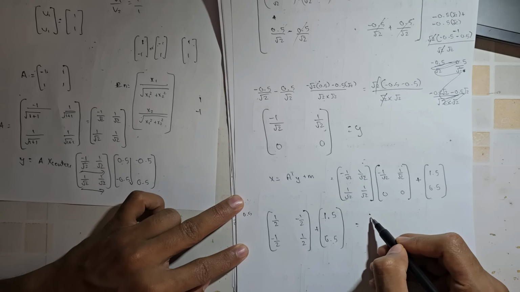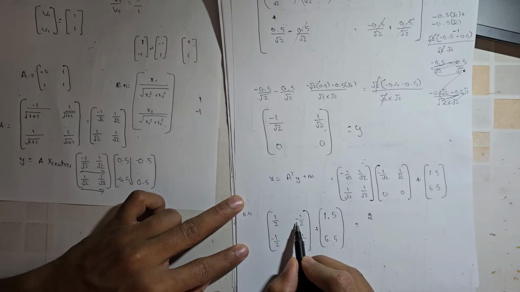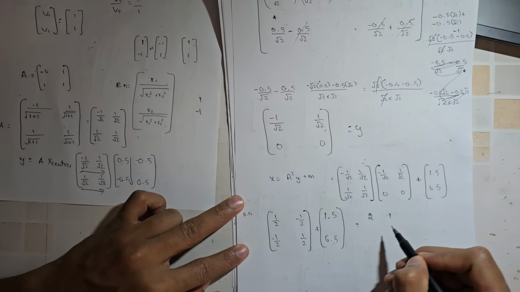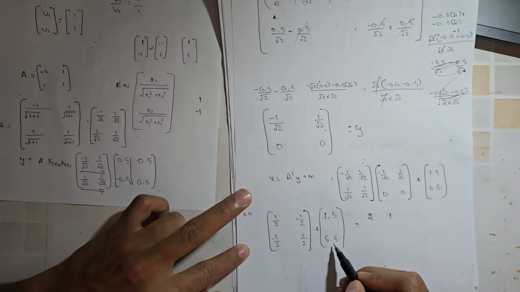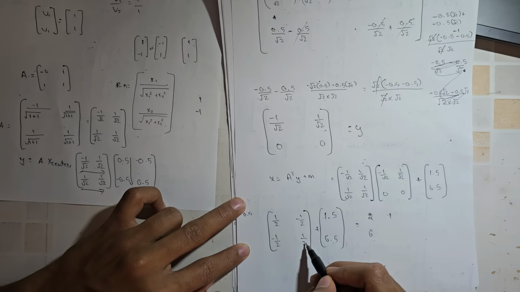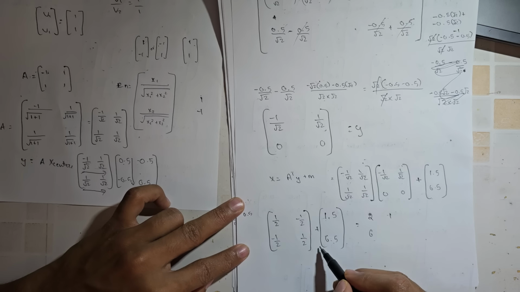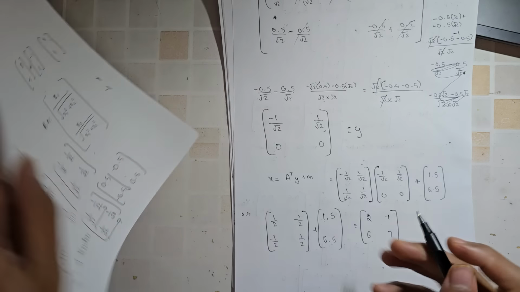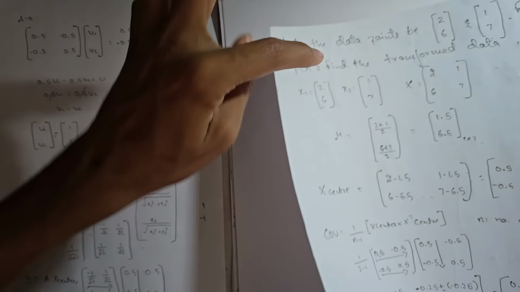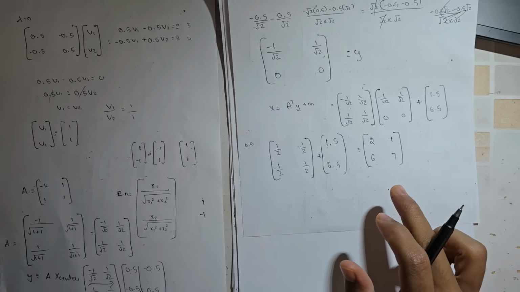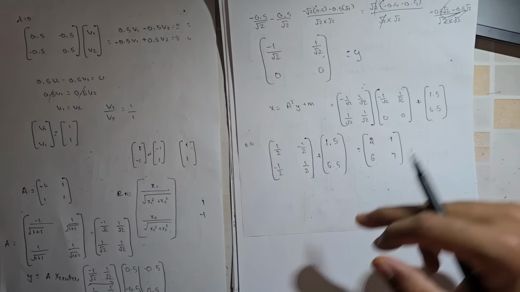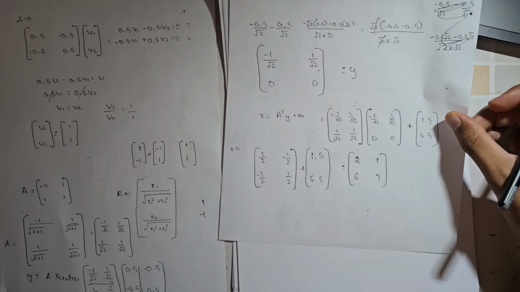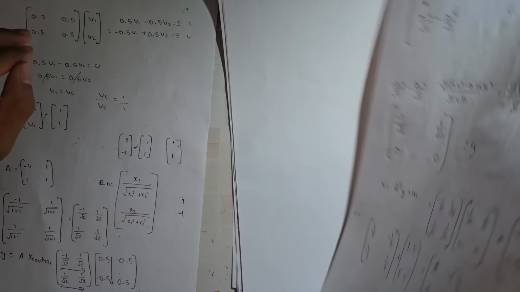So 0.5 plus 1.5 is nothing but 2. Then minus half, 1.5 minus 0.5 will be reduced, it will be 1. Here minus half, 6.5, that will be 6. Half plus 6.5, it will become 7. So what was the given question? It's here itself. See, 2, 1, 6, 7, we got it. So we have verified that this is correct, and it gives the right answers.